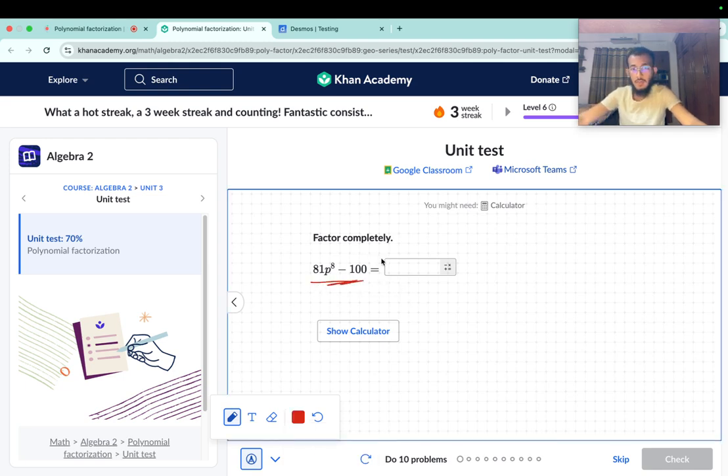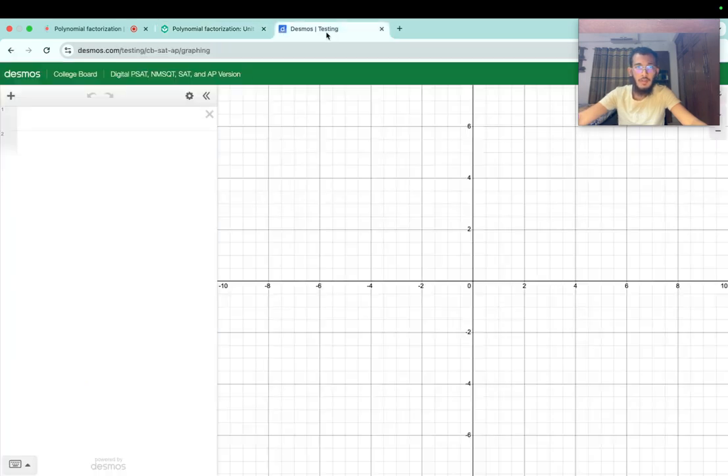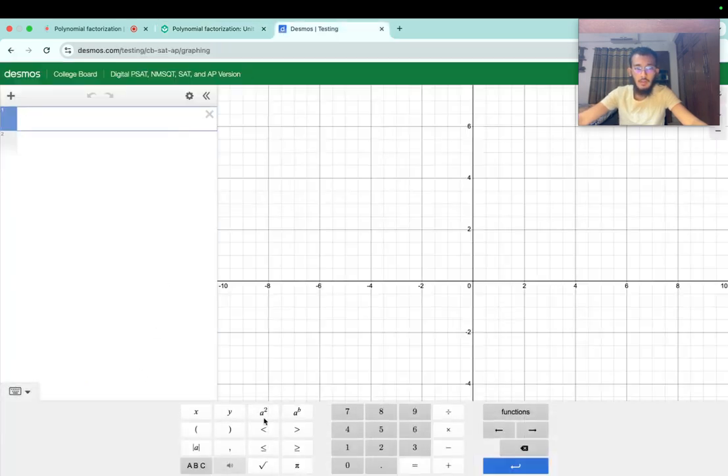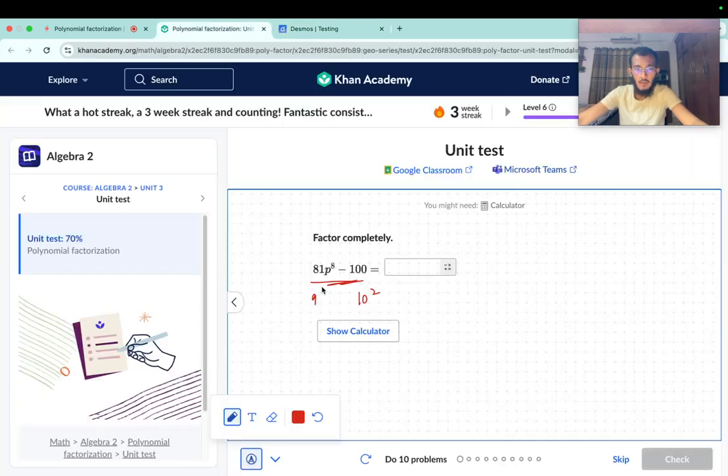Okay, so I can write 100 as 10 squared and 81 as 9 squared. We know that 9 squared is 81. And we can take p to the power 4 outside, so that if we square that, the power gets multiplied.